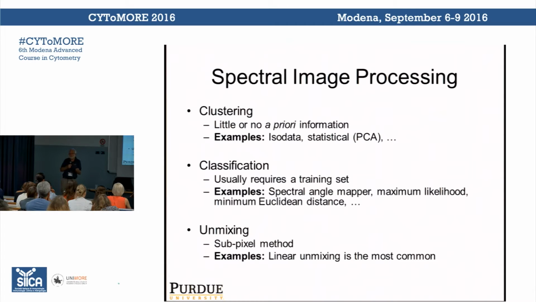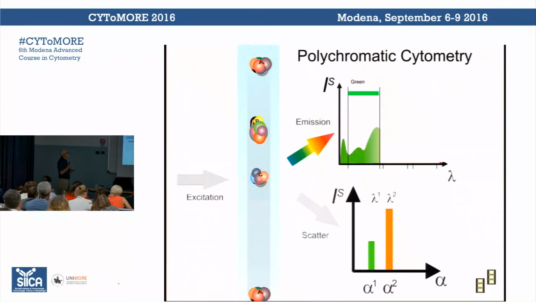Now, one thing that you have to have is a training set. So you have to know some information about the sample. But once you have a lot of that information, you can deduce from this complex mess what is actually there.